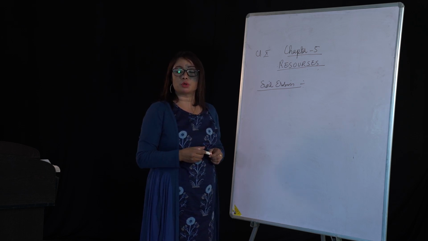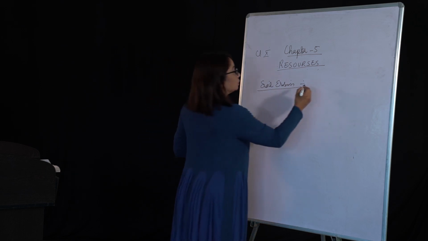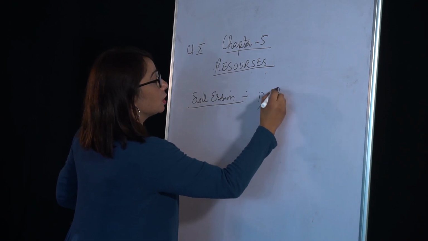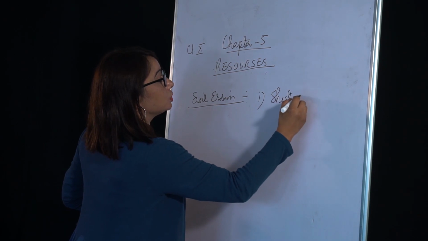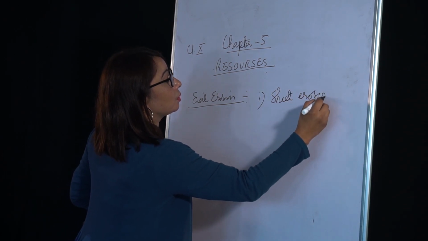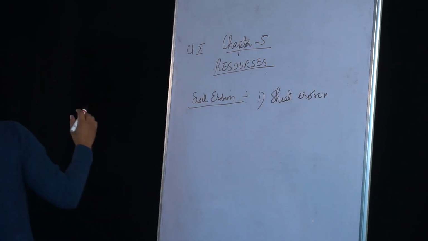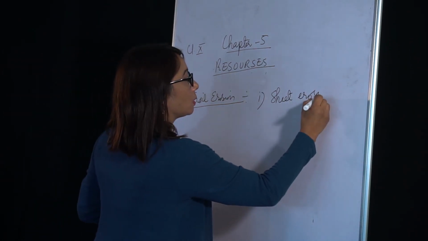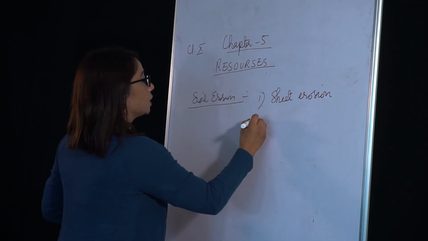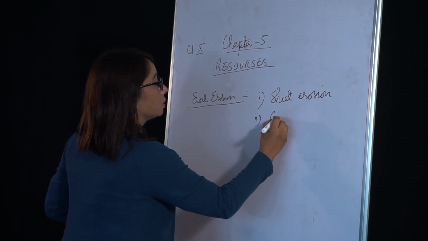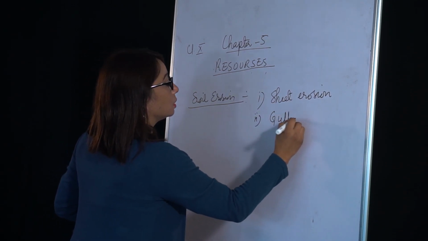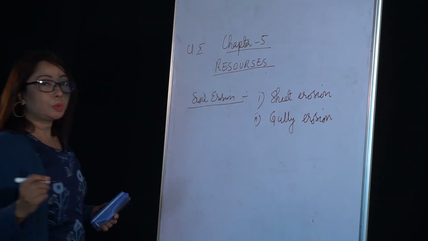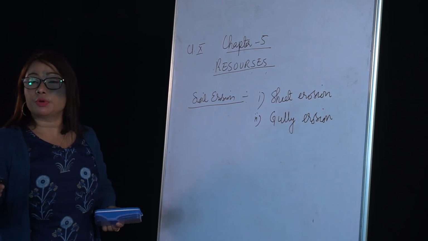The second type of erosion is gully erosion. Let me write here. The first one I have discussed is sheet erosion. The second one was gully erosion. What happens during heavy rainfall?